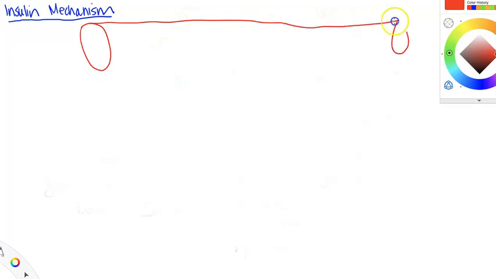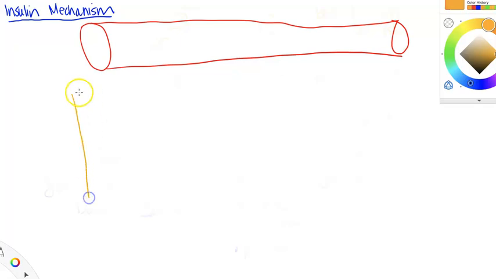Okay, so let's look at the mechanism for insulin and how it works. All right, so I have my little blood vessel here, and there are two types of cells in general.